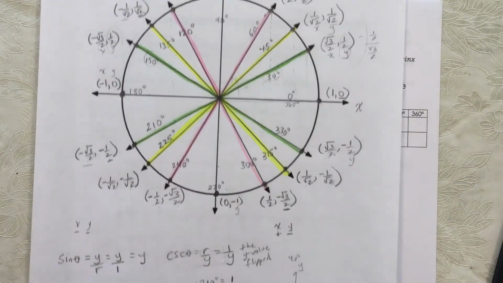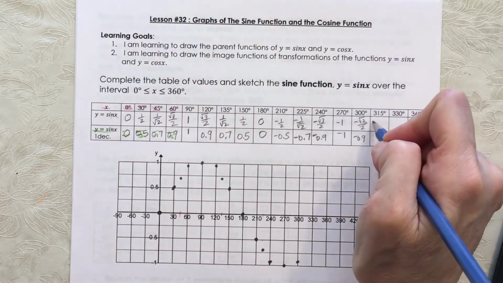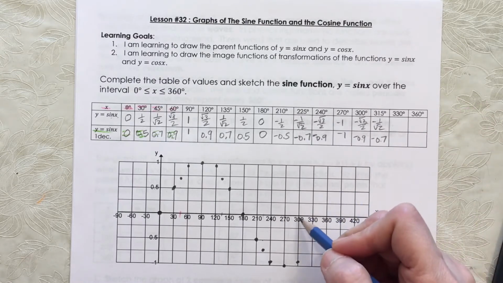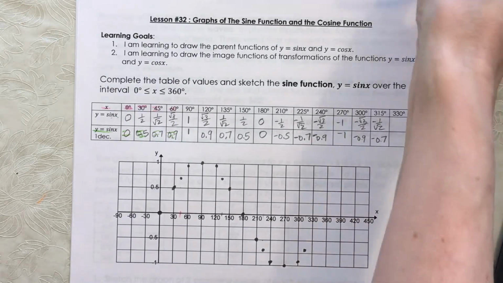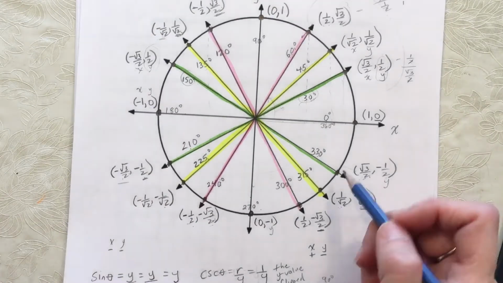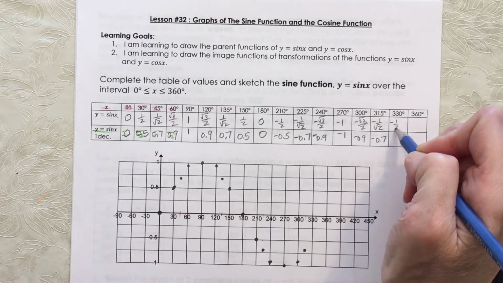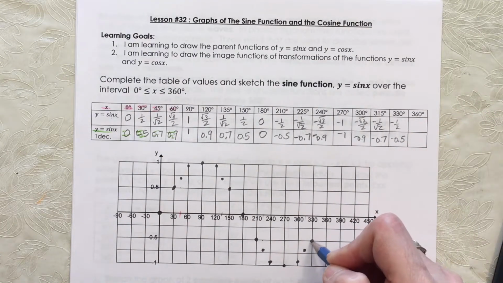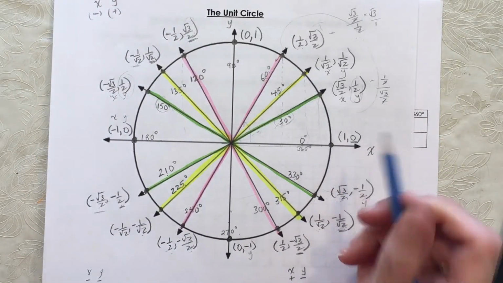Sine of 315, y value negative 1 over root 2. So 315, 15 more than 300, about negative 0.7. Sine of 330, negative 1/2. And sine of 360, back to the start again, 0.